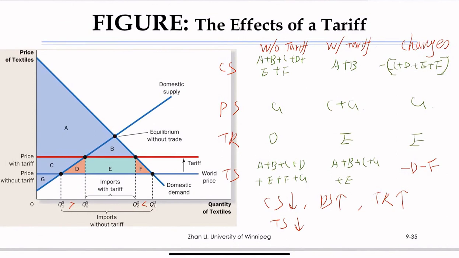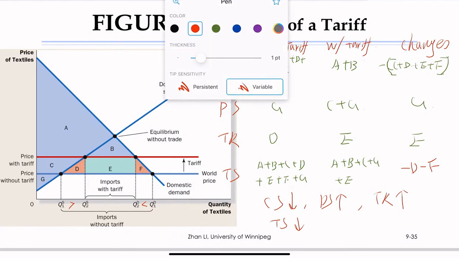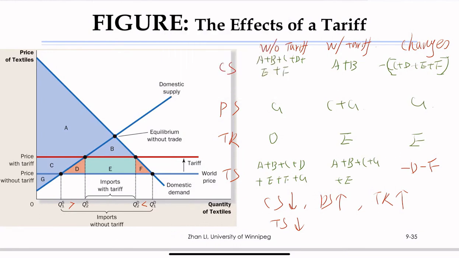So you can see that the loss is given by the little triangles, D and F. Now, why do we have D here? In fact, D is caused by overproduction.